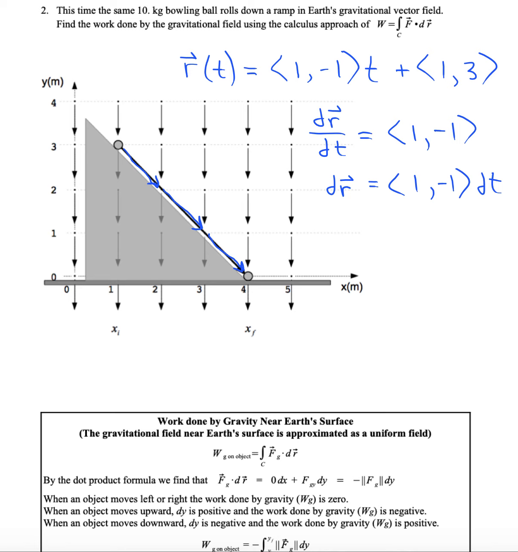All right, and also notice that once again we're near Earth's surface here. So our force is going to be just that constant negative 9.8 j, which can also be written as ⟨0, -9.8⟩. And we can now plug in.